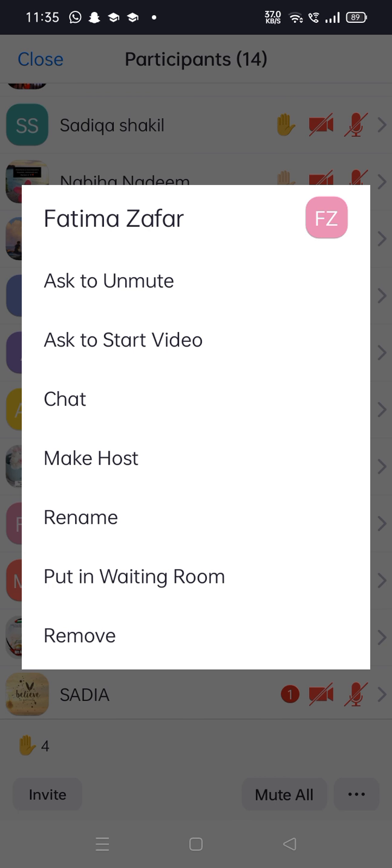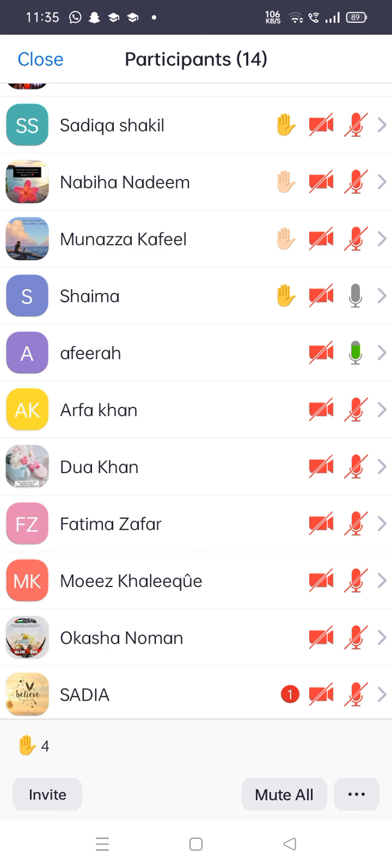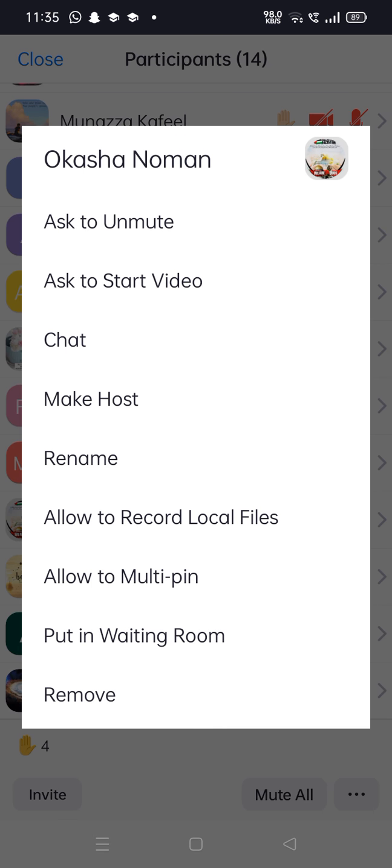Fatma Zafar, you tell me. The fifth one, the layer in forest ecosystem devoid of sunlight.